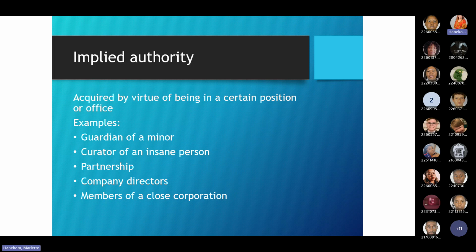Partners in a partnership have implied authority to represent the partnership by virtue of being a partner. Directors of a company, in certain instances, not always, have implied authority to represent the company because they are directors. Get more detail about that next semester.